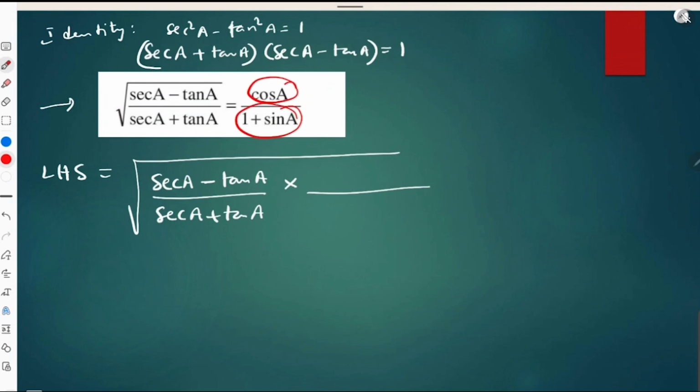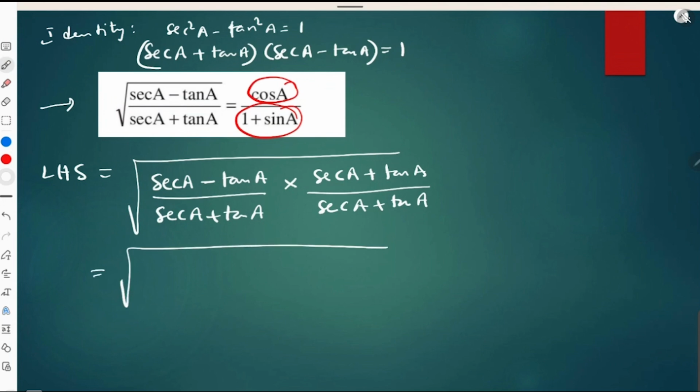So I will multiply and divide with secant A plus tan A, so that the numerator will become A plus B into A minus B. That is secant square A minus tan square A, whole divided by secant A plus tan A whole square.